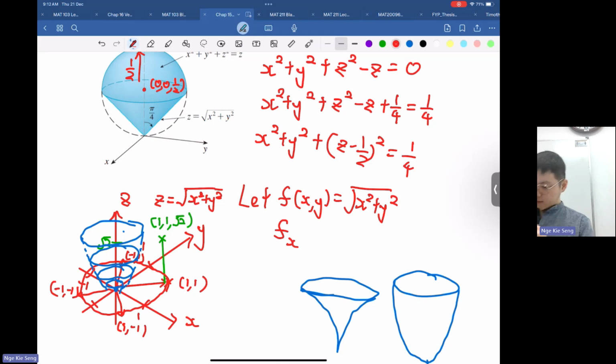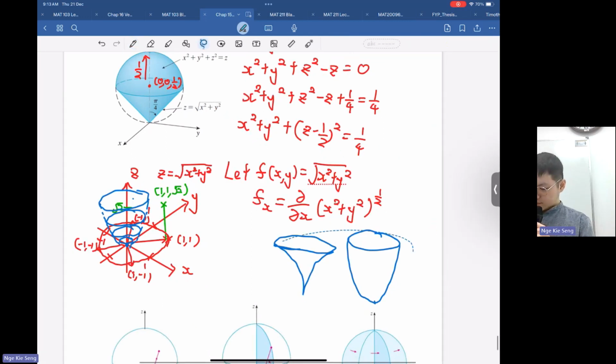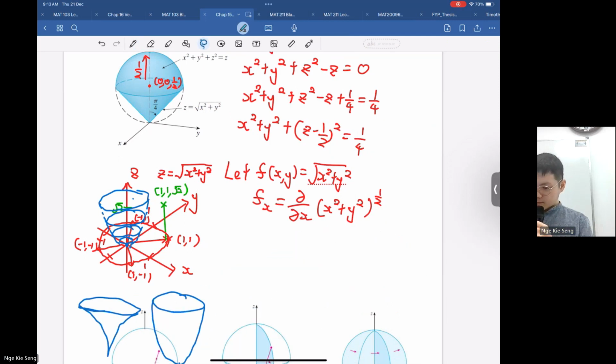So what is fx in the x direction? You have to look at this direction here. What's the gradient? Is the gradient like this? Okay, so what's this gradient? Differentiate this: partially differentiate x squared plus y squared. Let's see what this is.